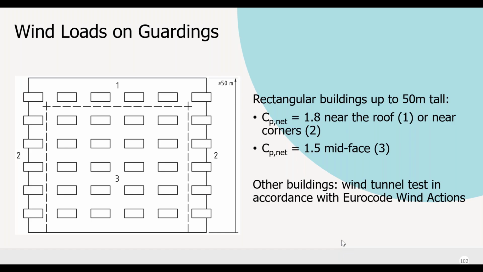This guidance actually appears in the wind loading handbook for Australia and New Zealand, which is quite thorough and happens to be the most helpful and most relevant guidance for us here. Outside of this limited scope, for taller buildings or unconventional shapes, the standard recommends testing in the wind tunnel, measuring those pressures on the guardings, which can vary quite substantially across a building. Next slide, please.